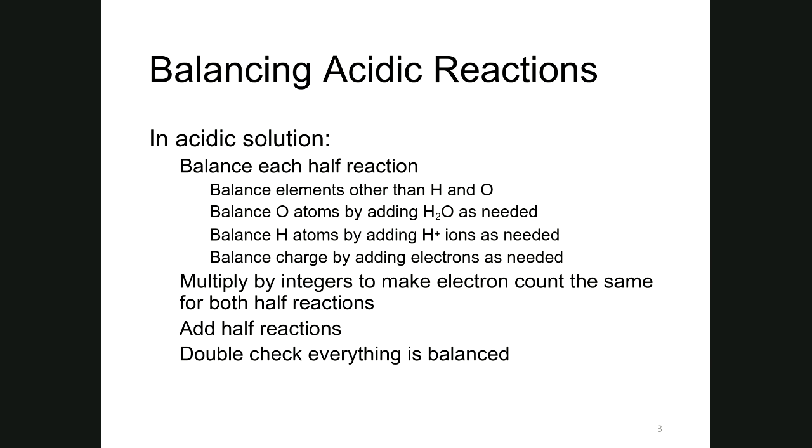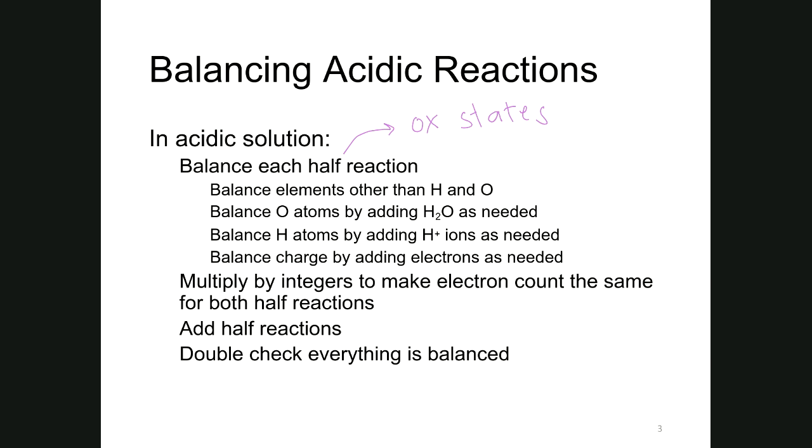And here are the steps needed in order for you to balance a reaction that is in an acidic solution. So first, we need to balance each half reaction. And the way that we find the half reactions, remember we just looked at before, is we have to determine the oxidation states so that we can figure out what's being oxidized and what's being reduced.